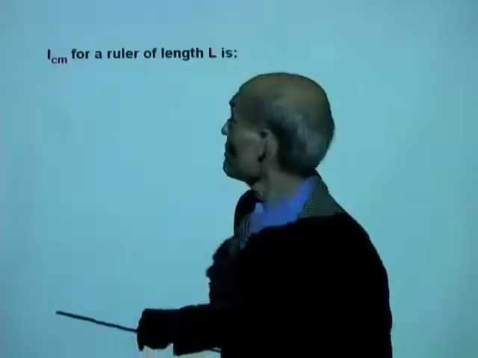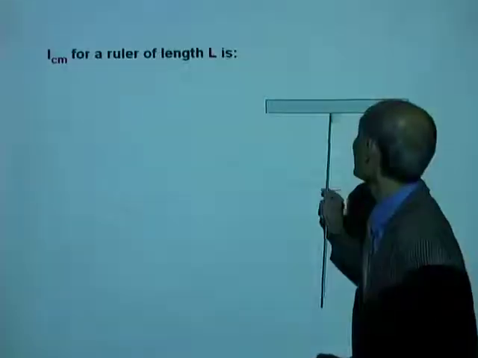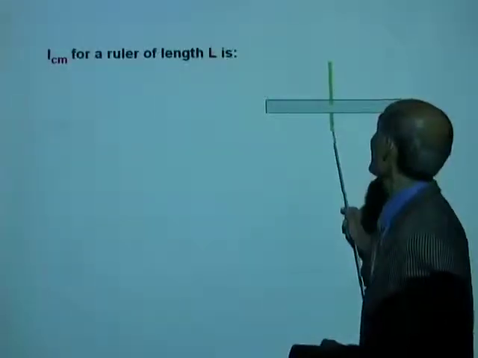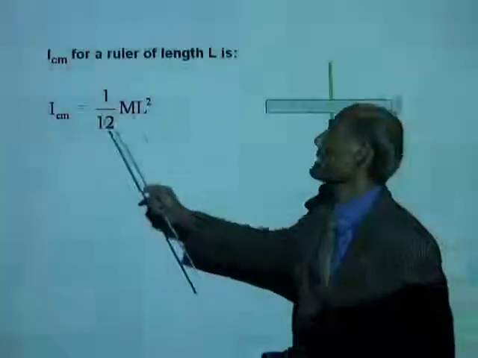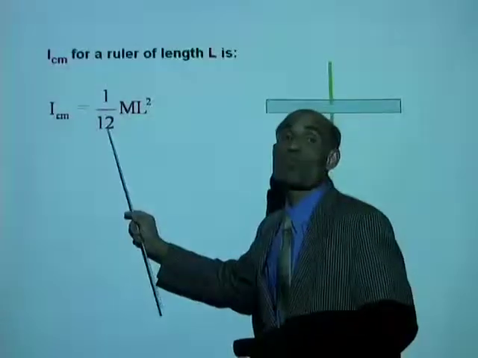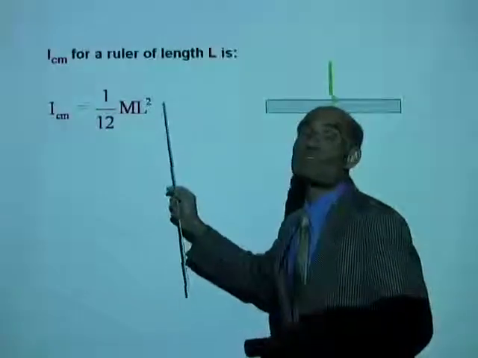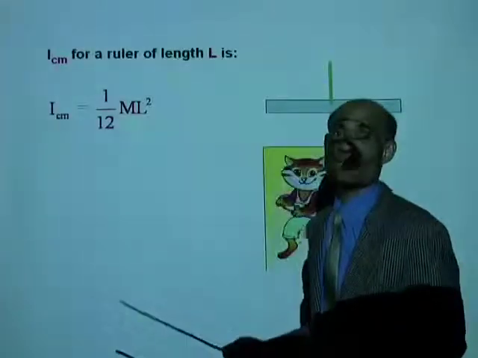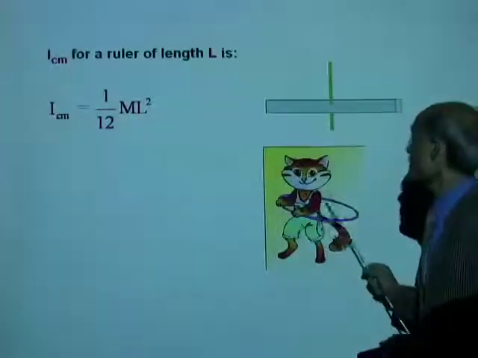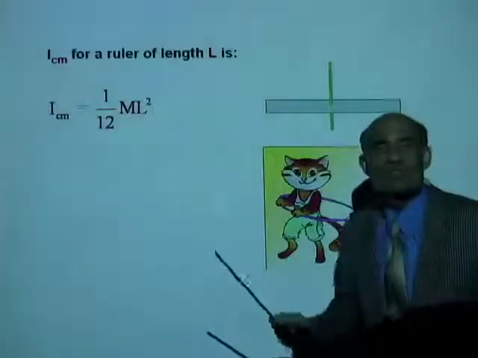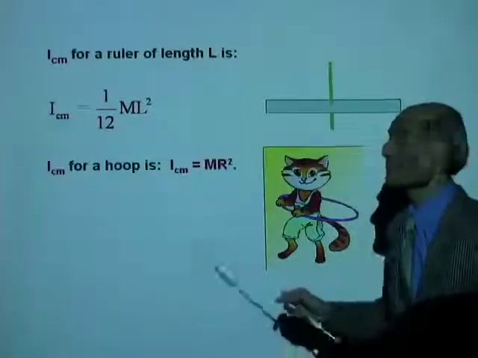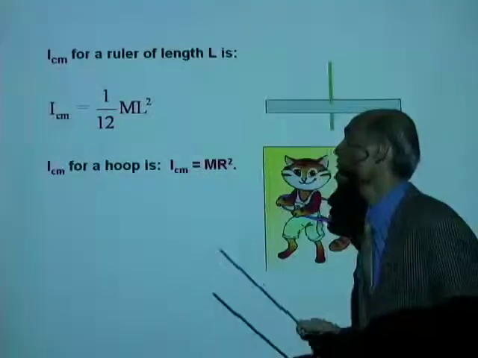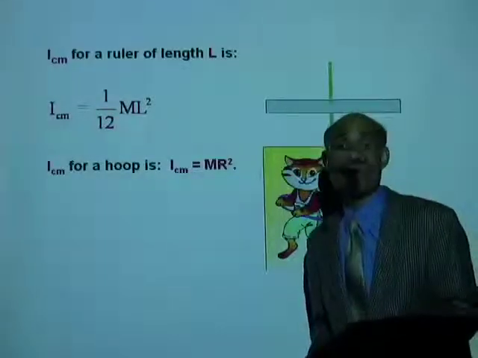So I center of mass for a ruler like this about an axis through its center of mass is 1/12 ML squared. And finally, what is the moment of inertia of a hoop? That will be I center of mass equals mr squared.